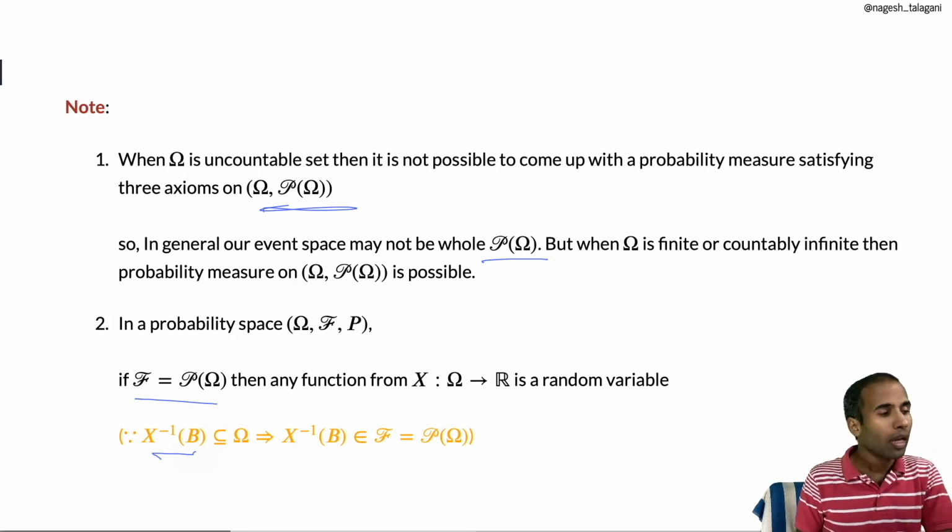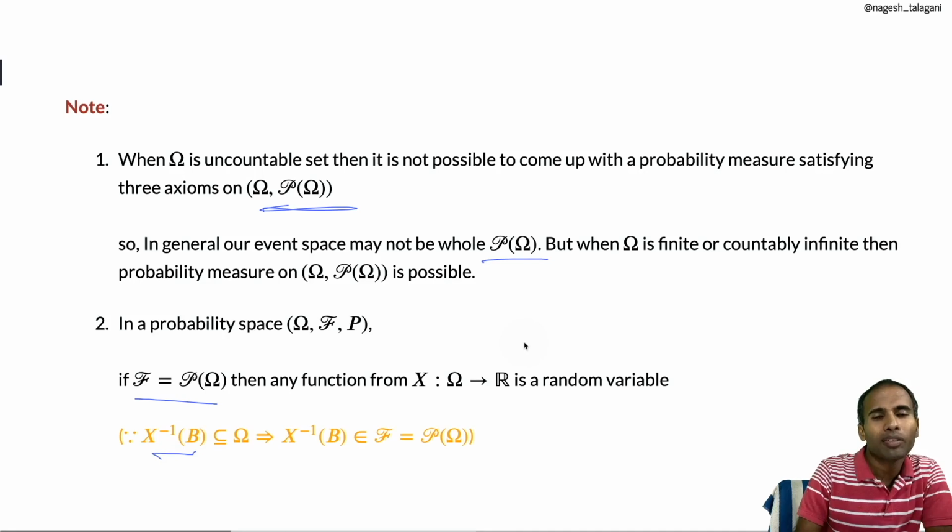The thing is, when the sample space is uncountable, it's possible to construct a function from the sample space to R which is not a random variable. But the good news is they don't come up in practice. Whatever functions are associated with numerical characteristics that occur in practice, they are all good. From now on, we never have to check this condition, whatever the sample space may be, finite, uncountable or countably infinite. In all cases, we take every function that we can think of as a random variable.